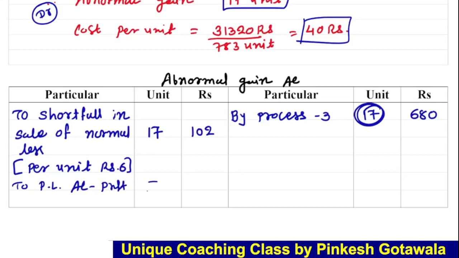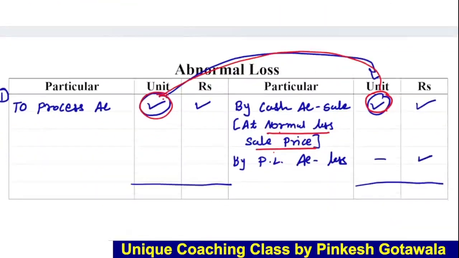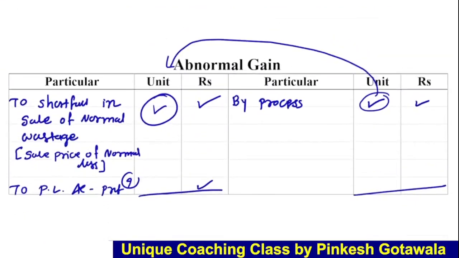That's our profit. So the difference 680 minus 102, 578. Okay, clear? And remember in exam they can ask abnormal gain or abnormal loss as a short sum. And remember it's a fixed format for abnormal loss and abnormal gain. It will never change and there will be no twist point comes. It's a fixed format. Okay.